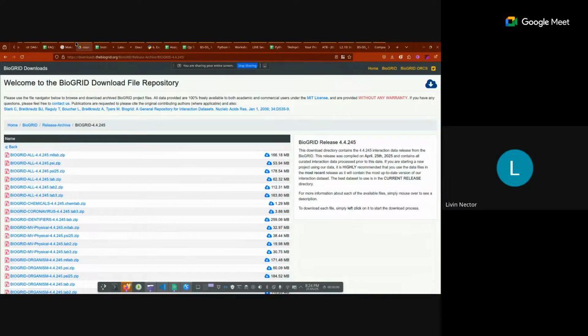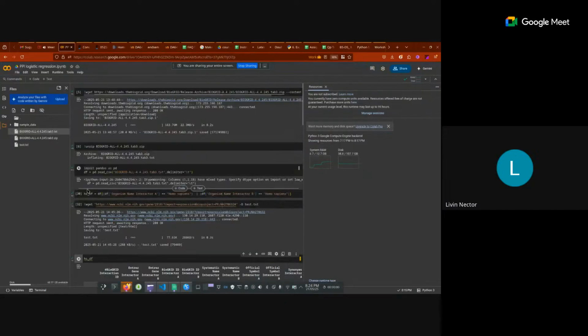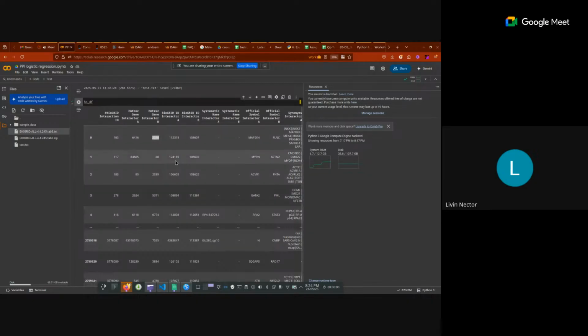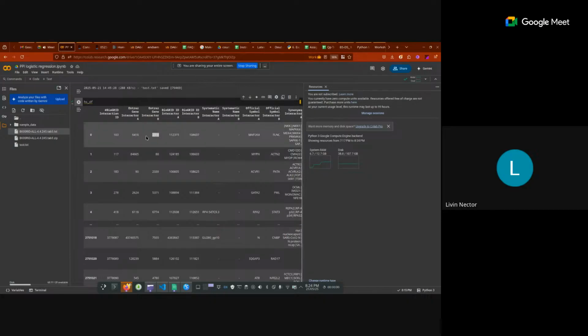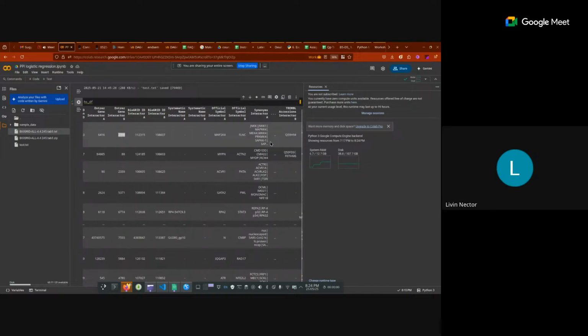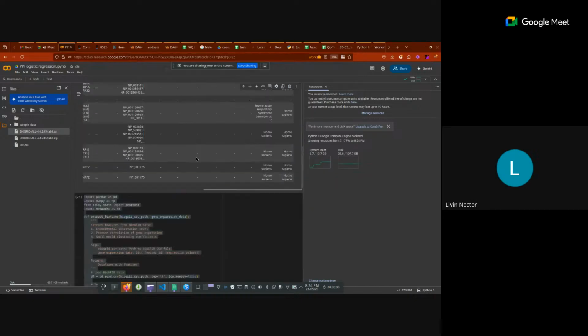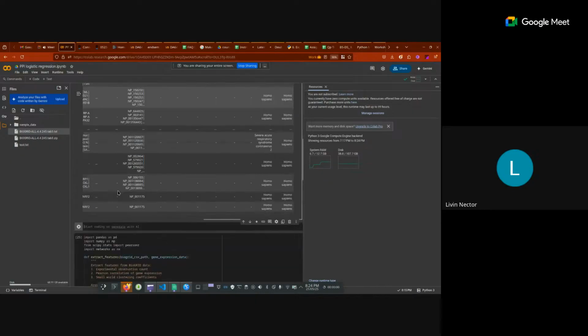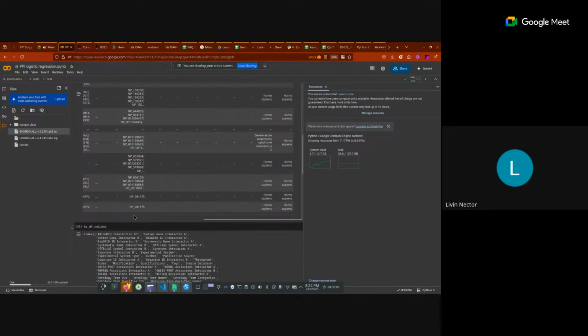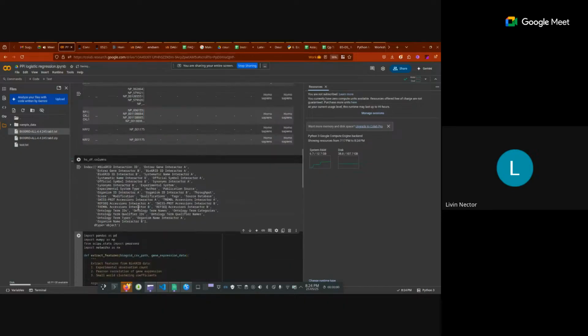I loaded it into this, and this is how the data looks. You can find the gene ID, the other ID that they use for the genes, and then there will be these features, this interaction data, and there is a score.